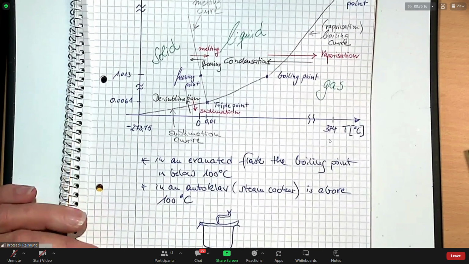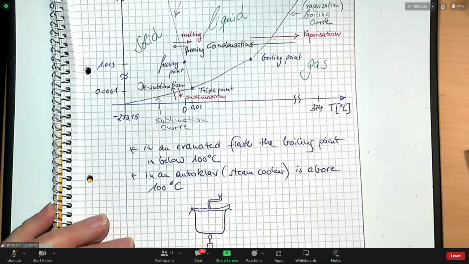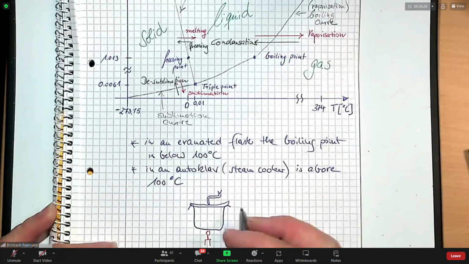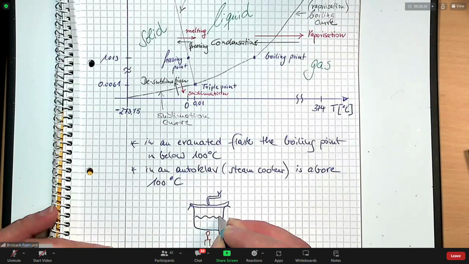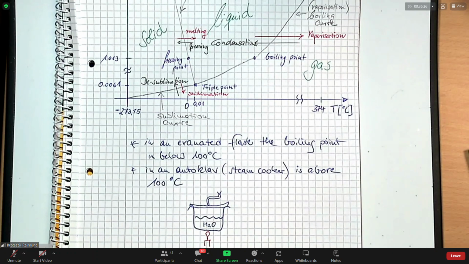Now we have here a flame. I just have a candle, but of course it might not be enough. Just to symbolize, we heat it up and we have water in there. What happens first when we heat up the water in our closed steam cooker?